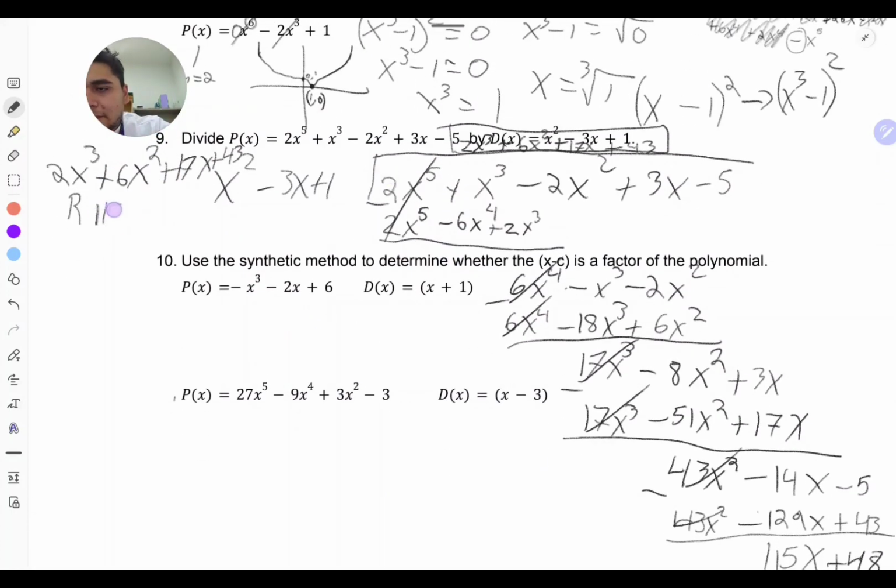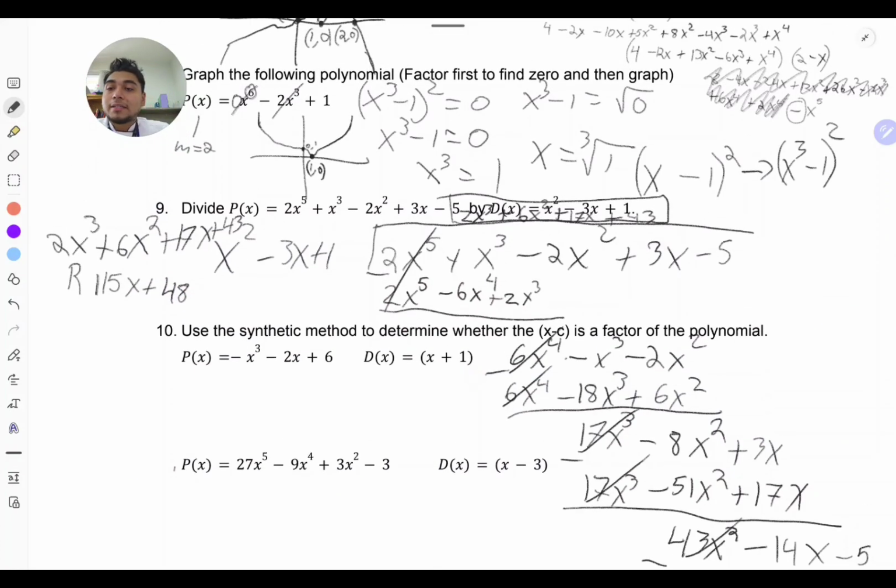So 115x plus 48. Okay, so you can represent it that way, or you can represent your remainder as 115x plus 48 divided by x squared minus 3x plus 1. Okay, so you can represent your remainder in either fashion, it's okay.